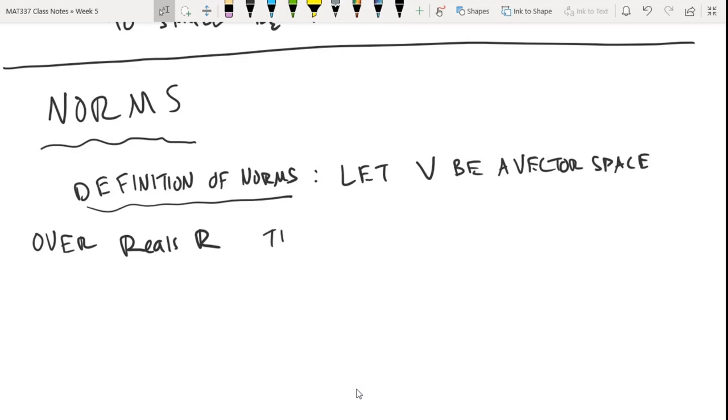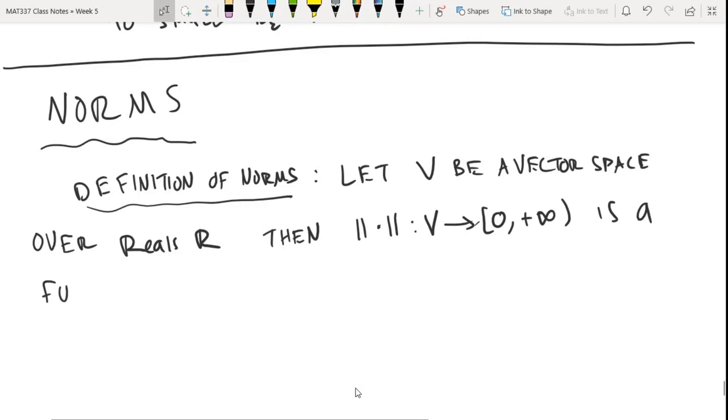Then the norm is a function on V mapping into the positive reals, with the following properties.